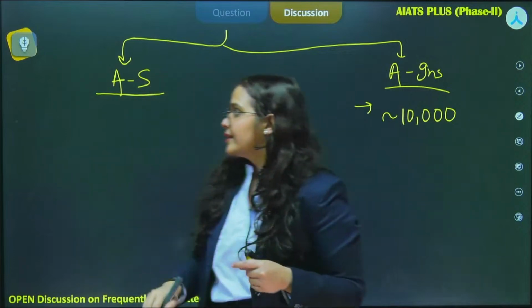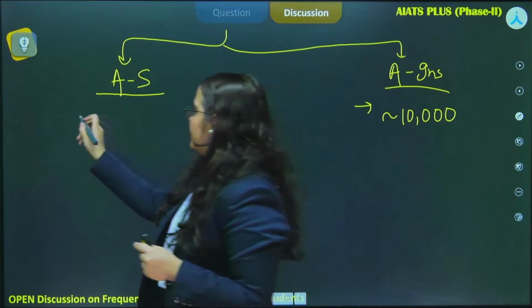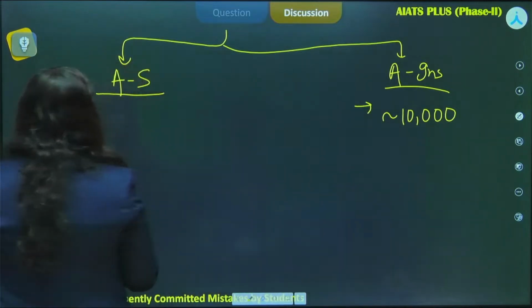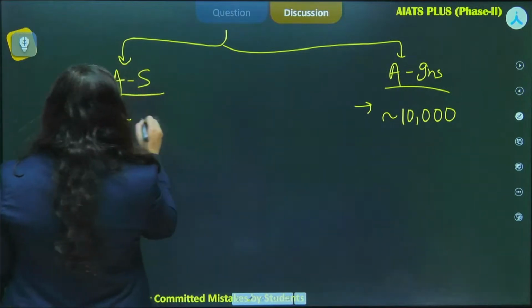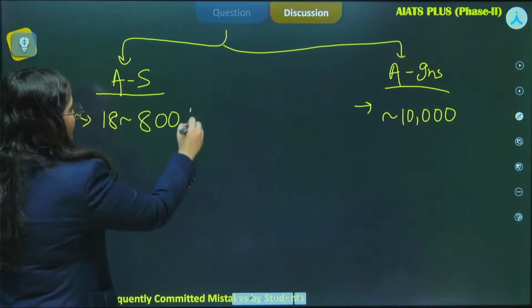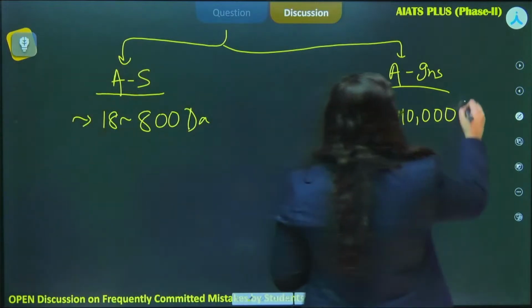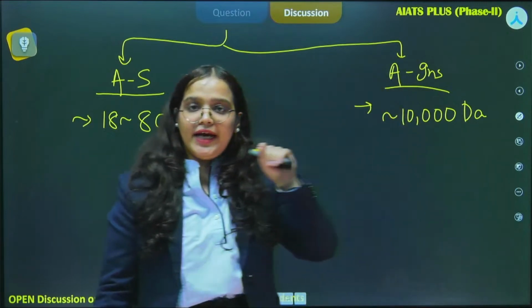Alright, whereas when we talk about the acid soluble fraction, here the molecular weight normally ranges around 1800 to 800 Dalton, I'm sorry. Now, in this also we have an exception.